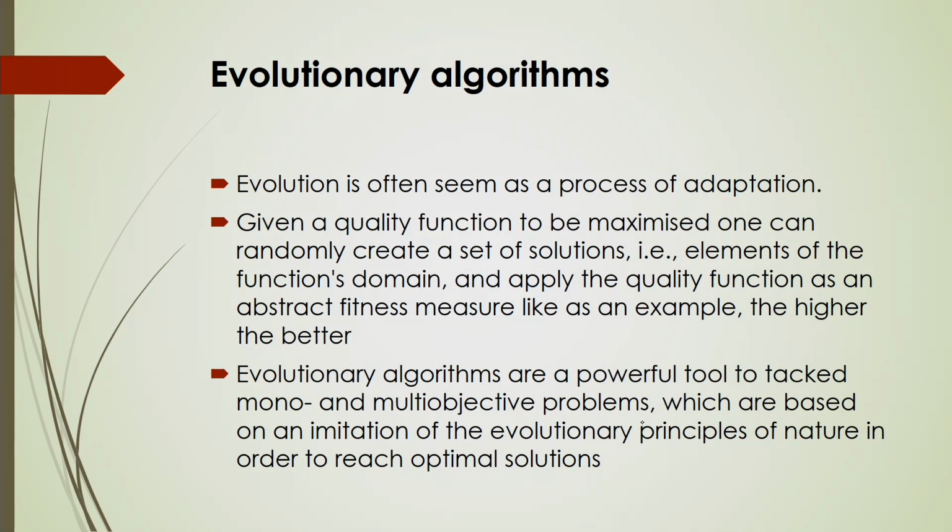We always prefer that the better one will be higher. So, in that direction, in a particular function's domain and based on the quality function, the fit for the optimal solution is determined.